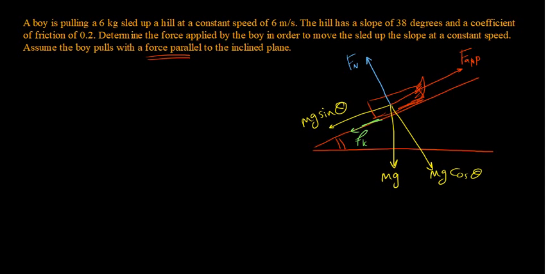Now we can start doing our calculation. The total forces on the x-axis will equal the mass times acceleration. However, it says here that the sled is moving at a constant speed, which means this part, as we discussed earlier in this video, equals 0.